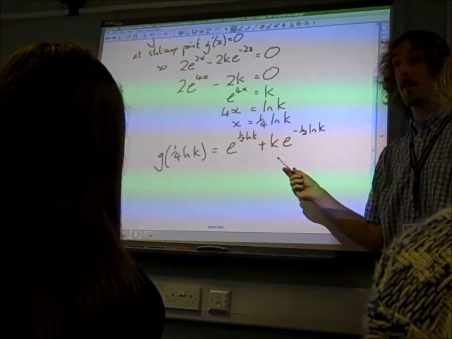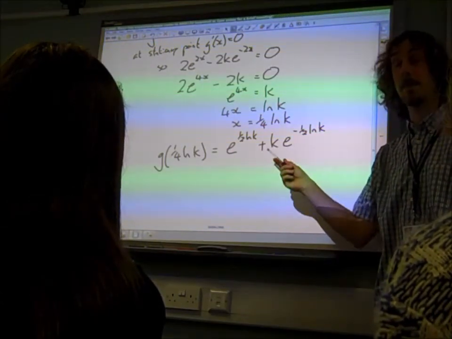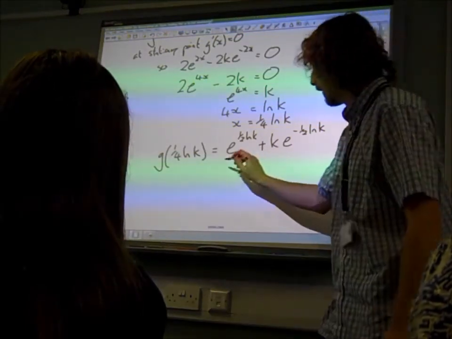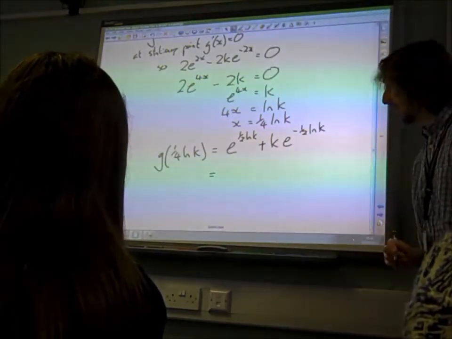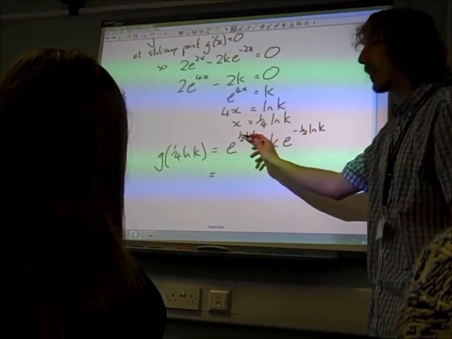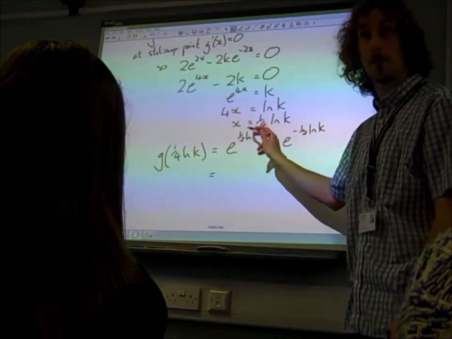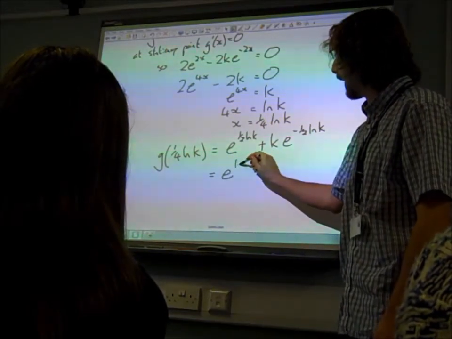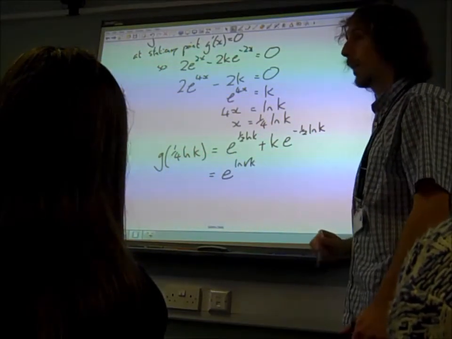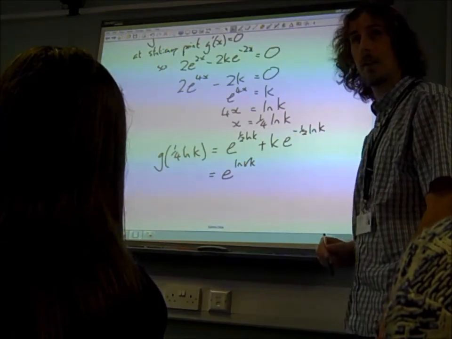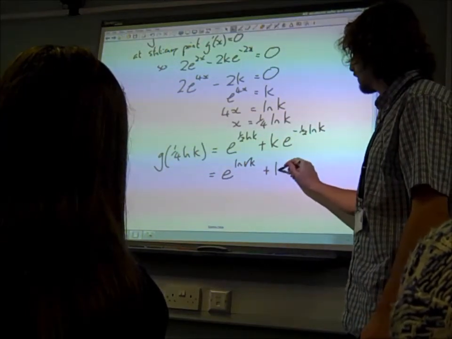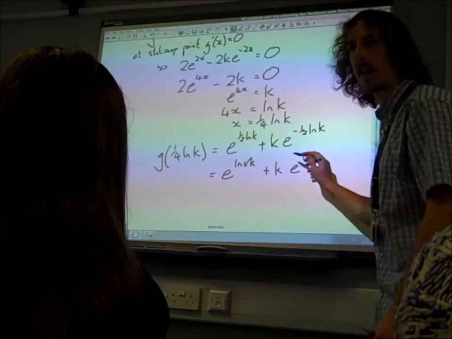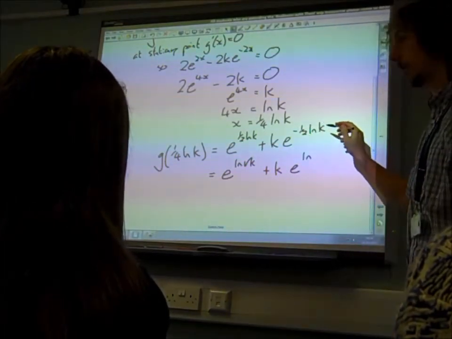It did say give your answer in simplified form. So we need to do some work with this because that's a bit of a mess, isn't it? Now let's think. If we could get this half, so it wasn't there in front of the ln, then we could just undo all of that. So this is e to the ln root k, because it's k to the half inside there. This is plus k e to the ln, and that's k to the minus a half, isn't it?